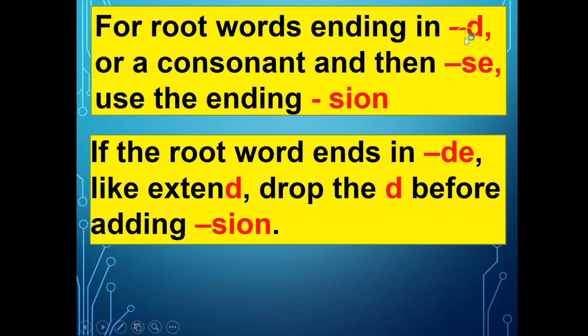One where the root word is ending with D or a consonant and then comes SE, so you will use SION. And if the root word ends in DE, as in extend, you need to drop the D before adding sion.